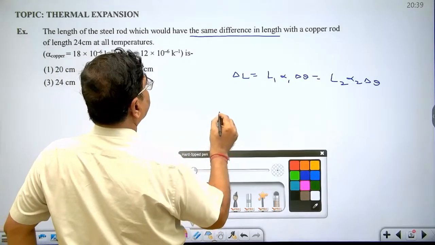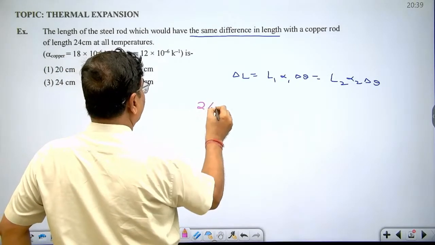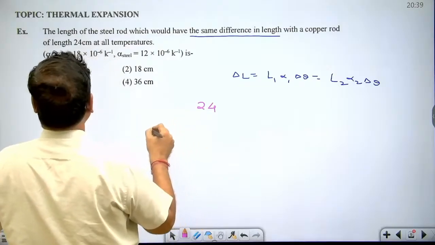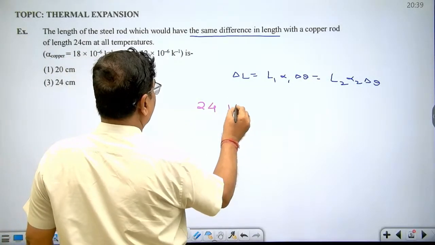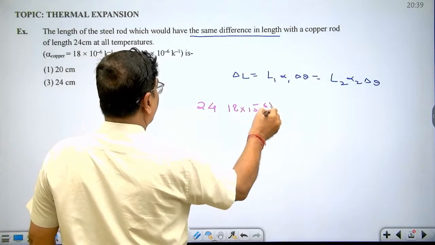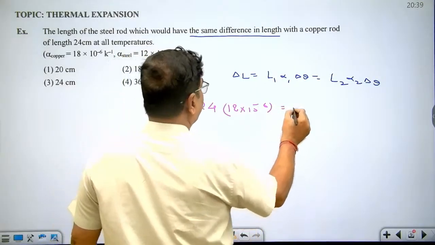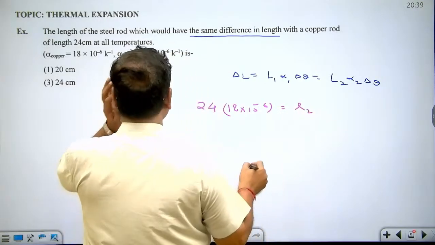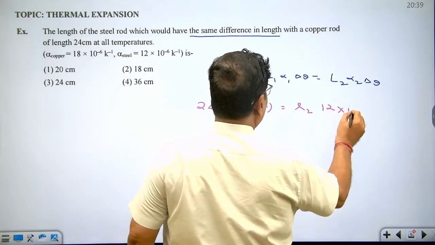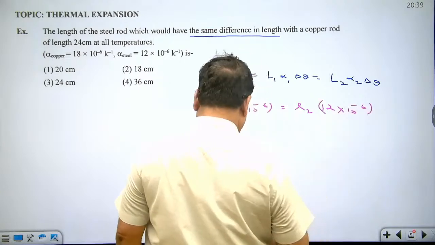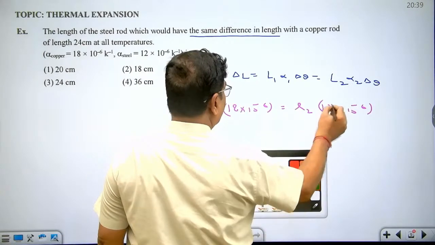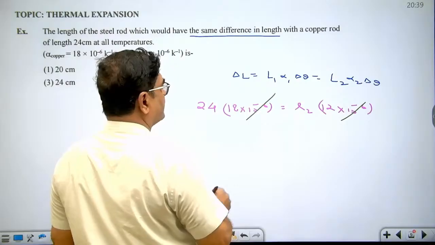What is L1? This is 24. For the copper rod, alpha is 18 into 10 power minus 6. And this is L2. For the steel rod, alpha is 12 into 10 power minus 6. If we try to solve, 10 power minus 6 will get cancelled.